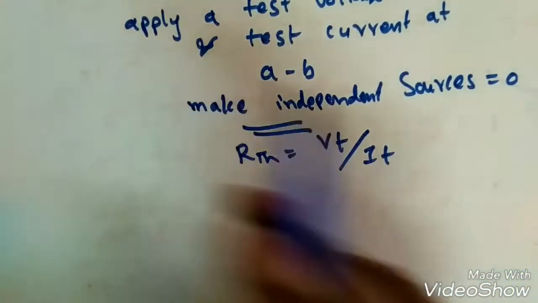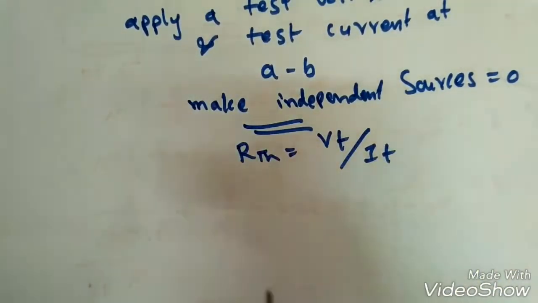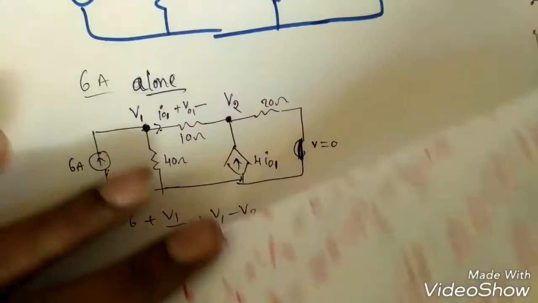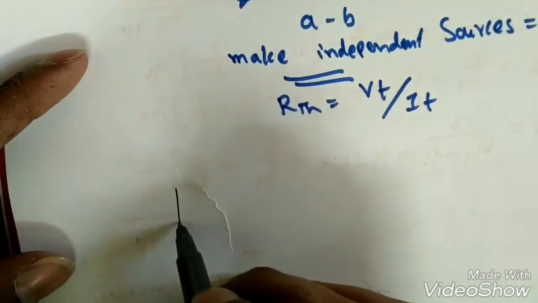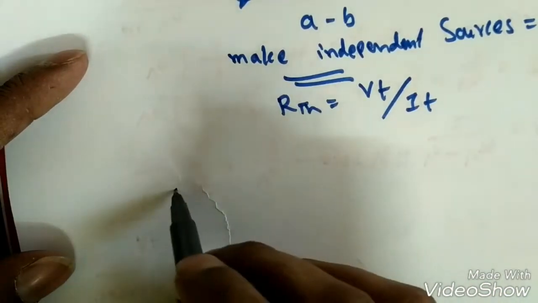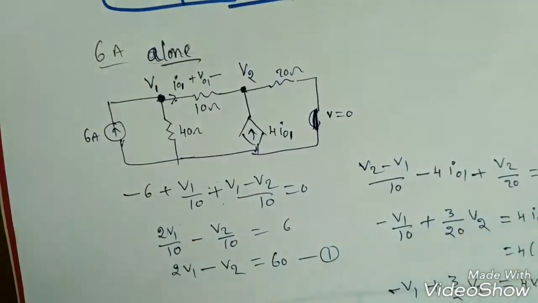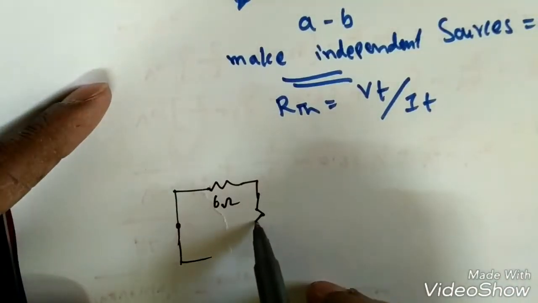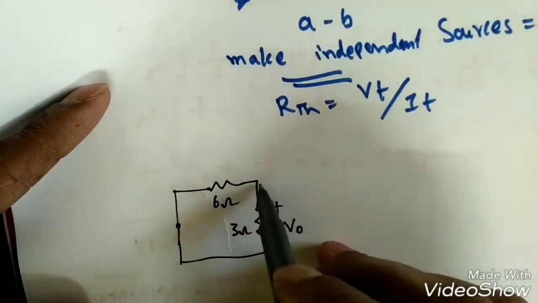Now if I take the circuit again, it is like this. 18 volts is there, so it will become short circuit. And there is a 6 ohms. Next, this is 3 ohm, but there is a V0.